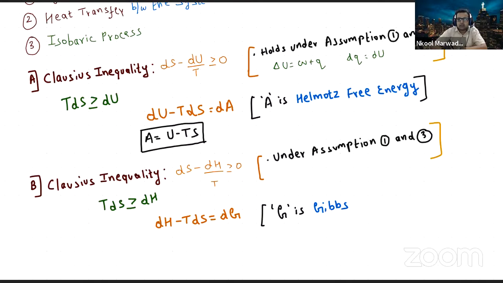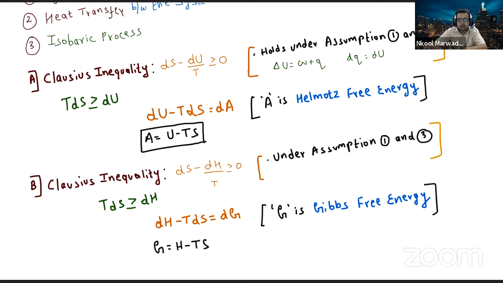And hence we get the relation that G is equal to H minus TS.